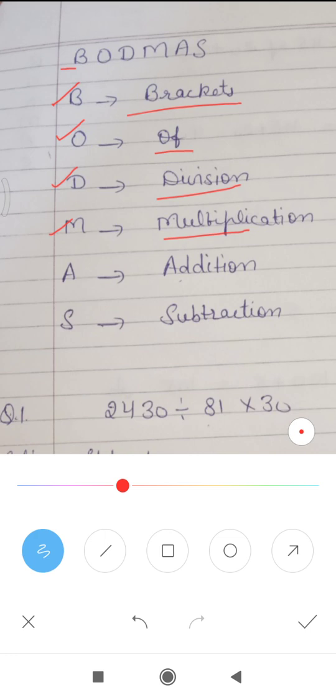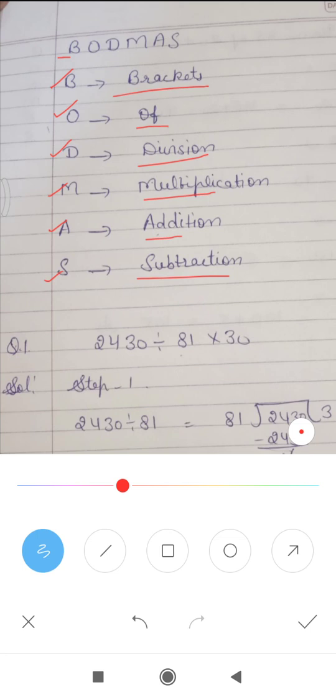A means addition. And S means subtraction. Means these different signs will be given. First we will solve bracket, then of, then division, then multiplication, then addition, and in the end subtraction.